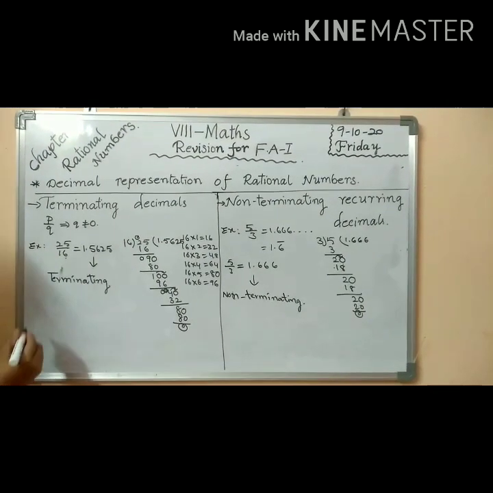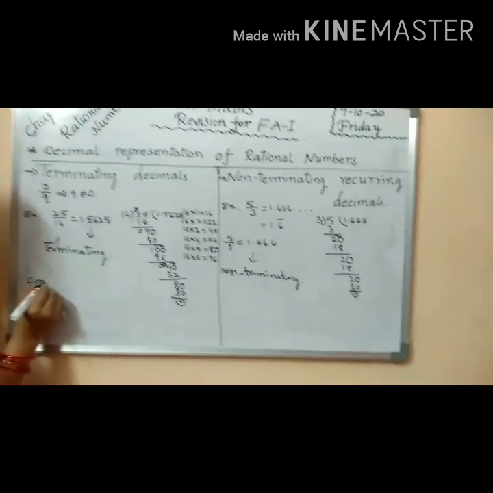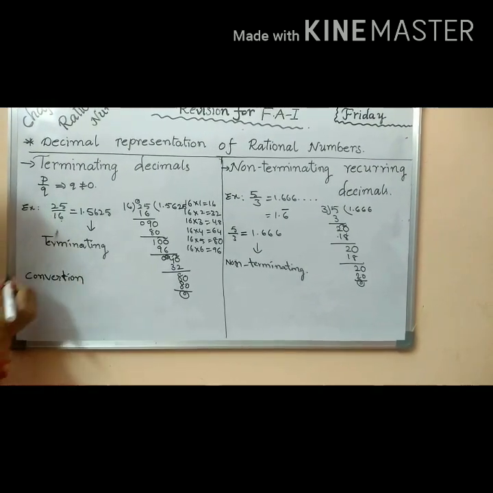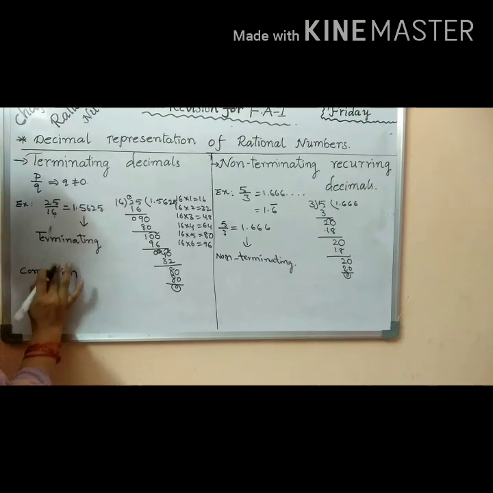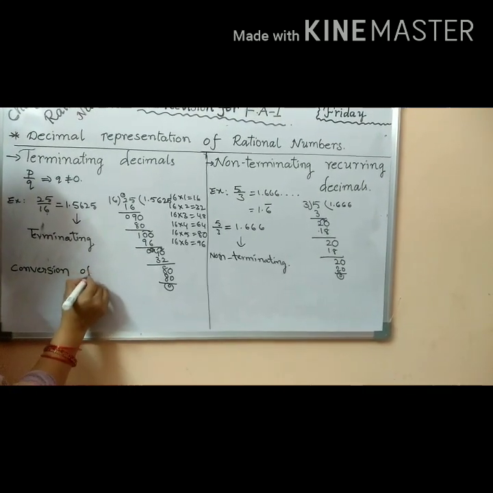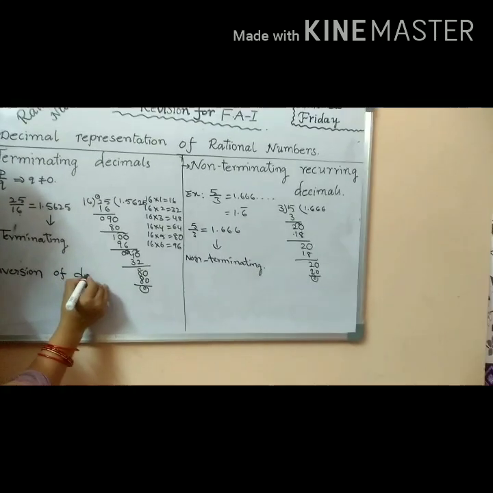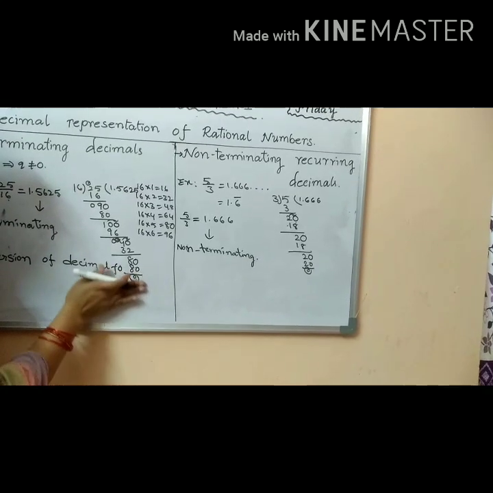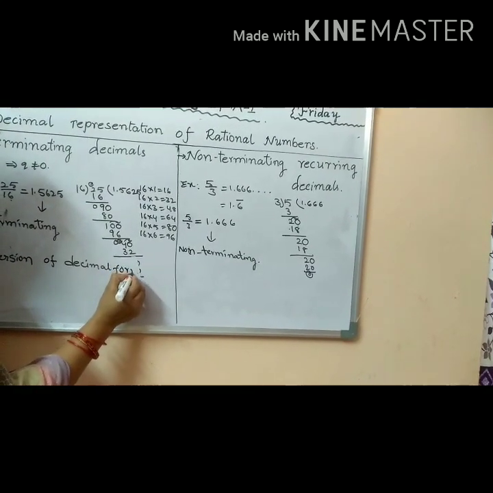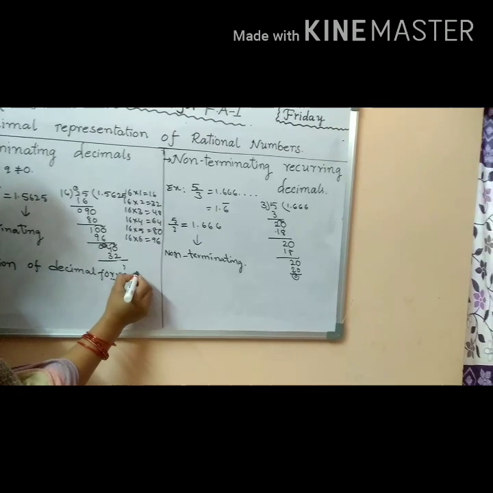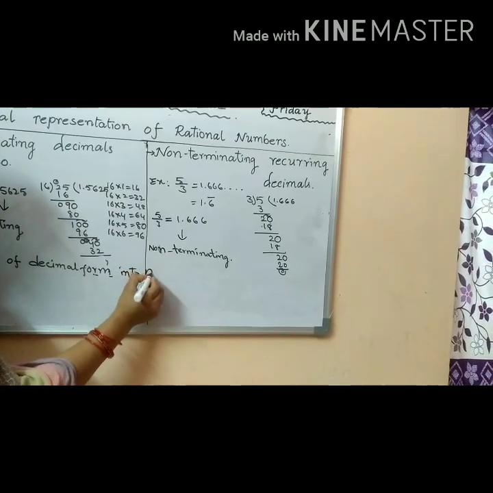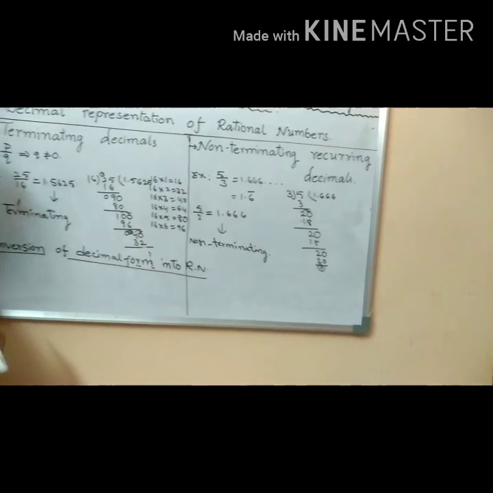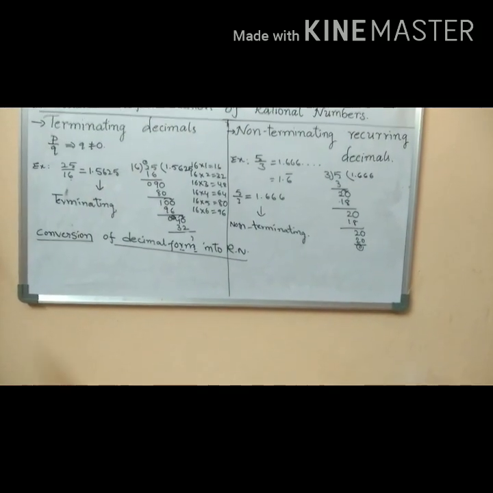Conversion of decimal form into rational number. It is the last topic. Conversion of decimal form into rational number.